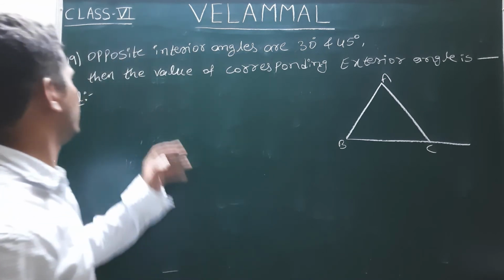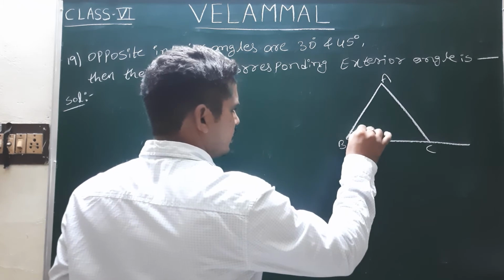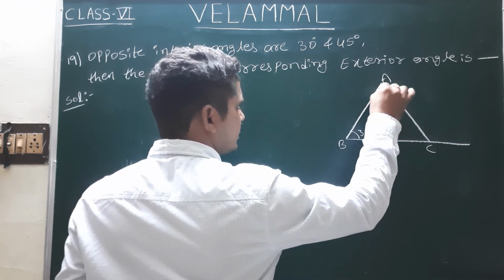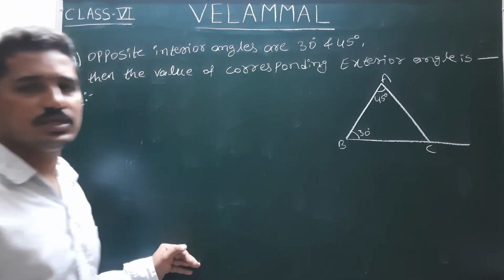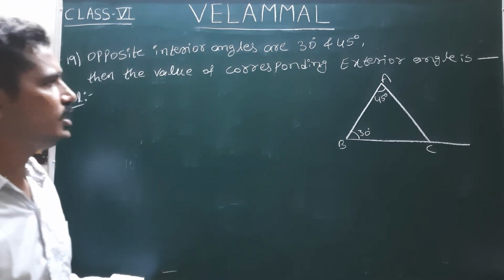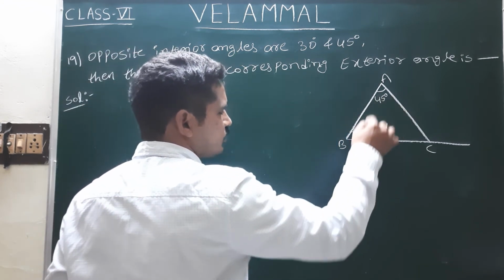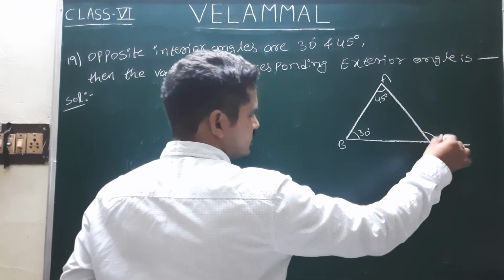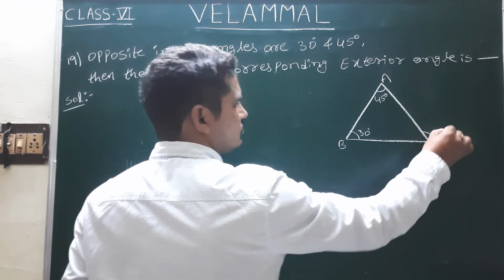In that, if the opposite interior angles are 30 and 45, let this be 30 degrees and this be 45 degrees. Then the corresponding exterior angle will become this one. So what is the value of this is the question.